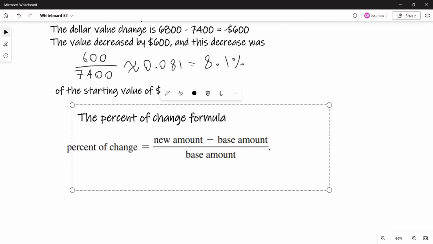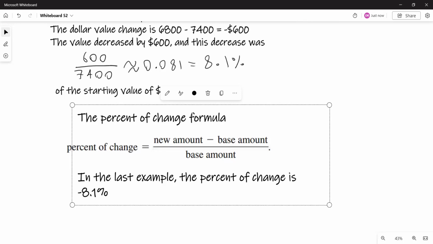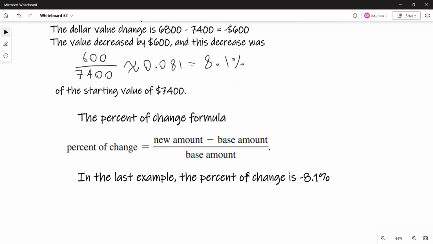And in the last example, the percent of change was negative because the value of the car decreased.